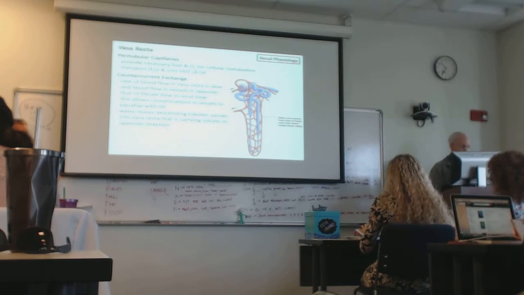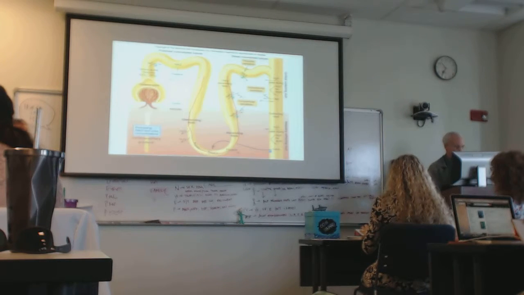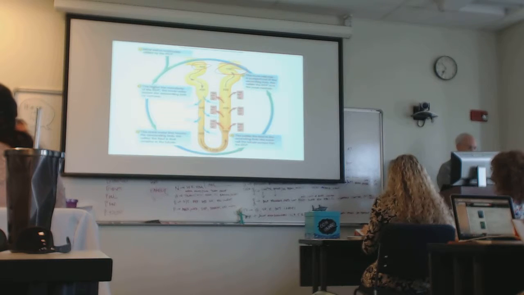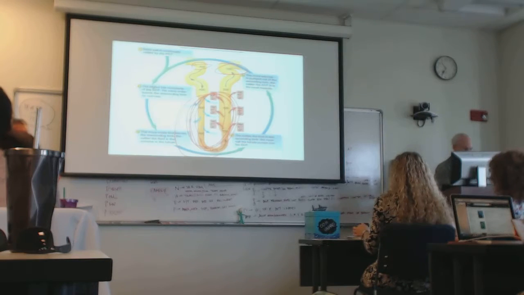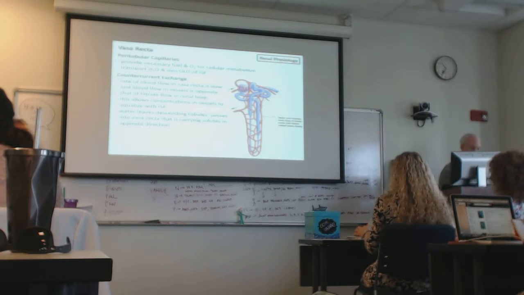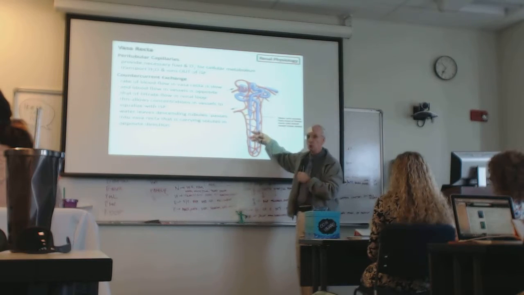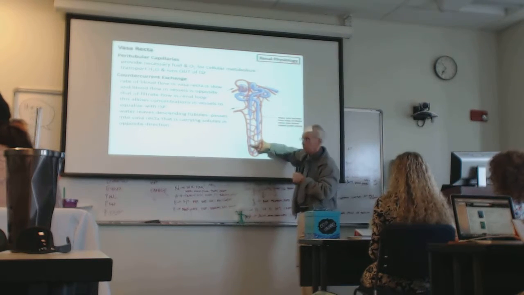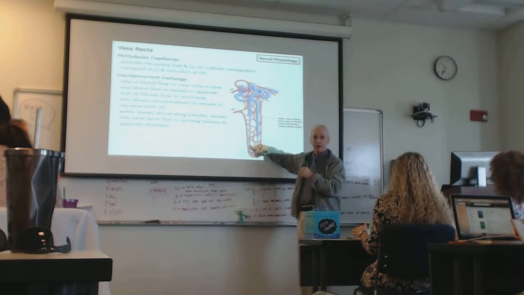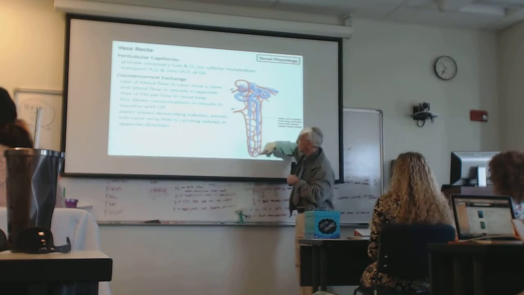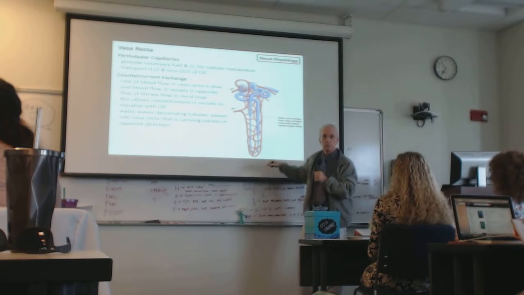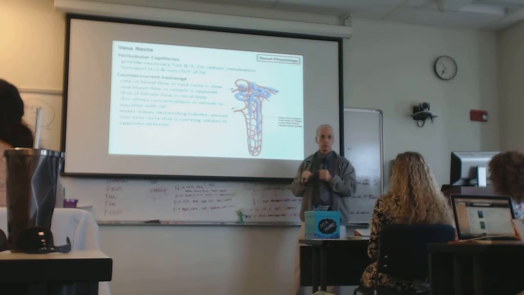So we talked about the peritubular capillaries. We talked about the countercurrent multiplier. I don't know how important this is for our purposes. When we talk about the countercurrent exchange, we're talking primarily about the fact that all that water that would dilute, because water is leaving on the descending limb, all that water that would otherwise dilute the interstitium is taken by means of the peritubular capillary system out of the kidneys into the general circulation.